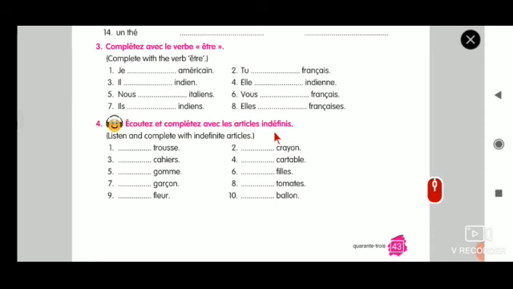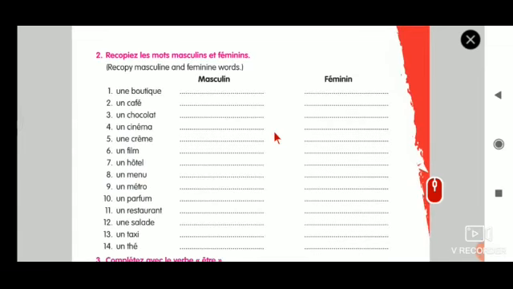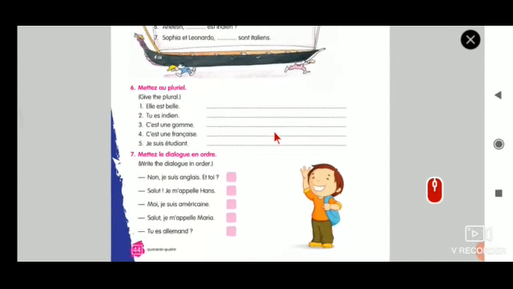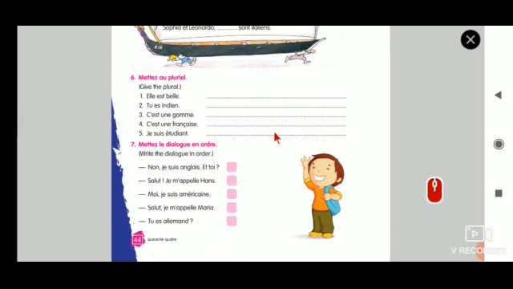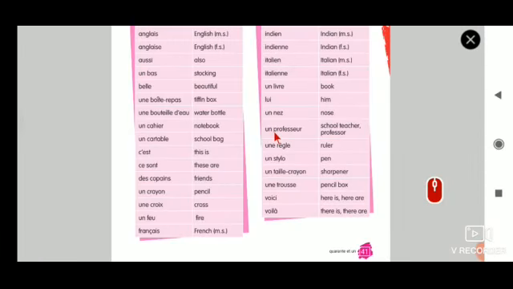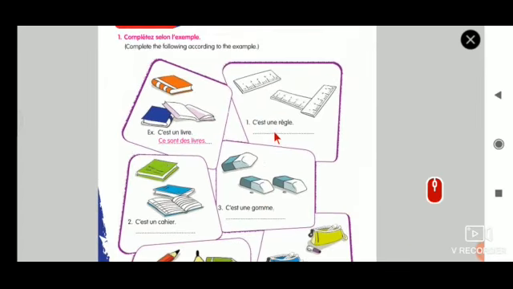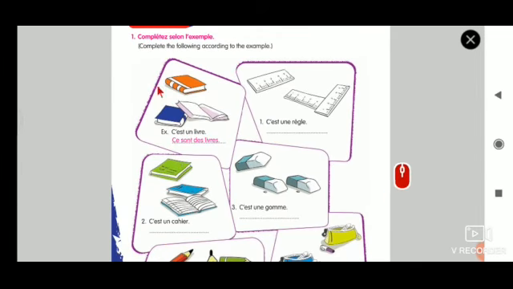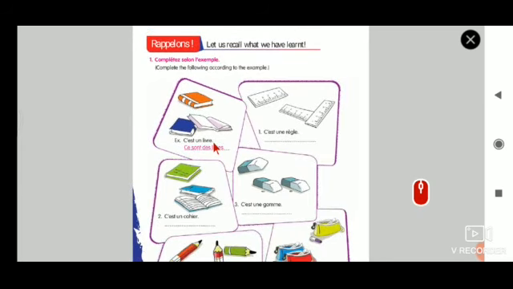Now we are going to exercise number 1. This exercise is compléter selon l'exemple. That is ce est un livre, that will become ce sont des livres. I think this exercise we will see later. Why?